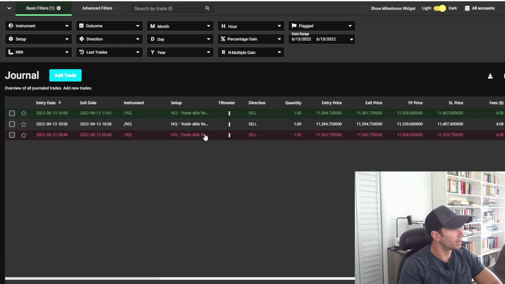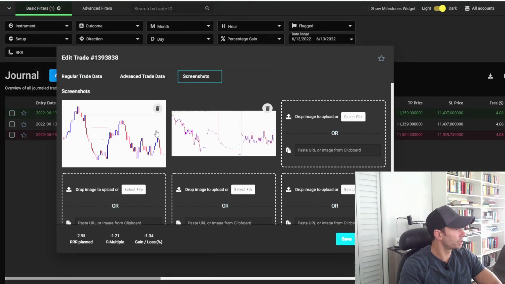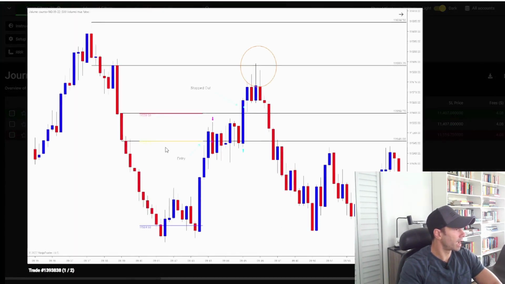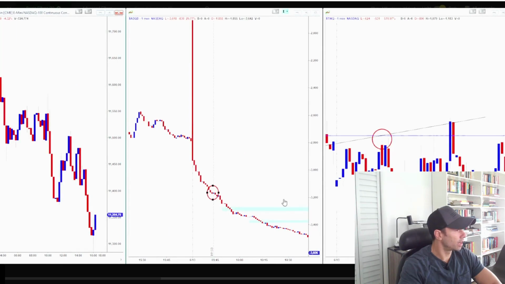So my first trade was a losing trade, a tradable reaction. I had this area, right, that I should have taken, but I had such negative numbers on the tick and the ADD chart that I was feeling a little bit of FOMO, so I jumped right into the trade.